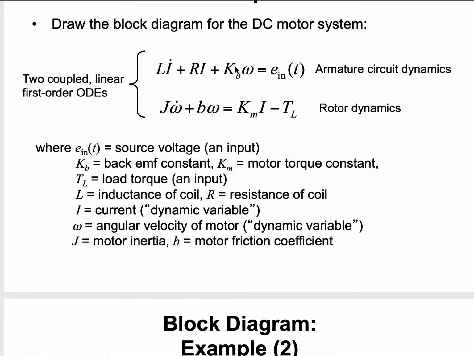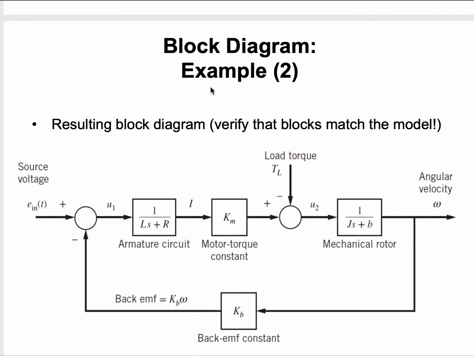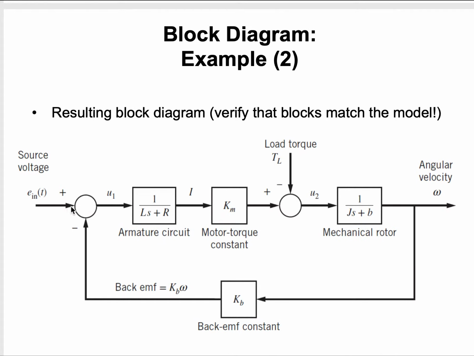So En minus back EMF, En minus Kb times omega, excuse me, this is the angular velocity. En minus Kb times omega is the input to the current dynamics. So En minus Kb times omega, which I get from somewhere else in the block diagram, is the input to my armature circuit.